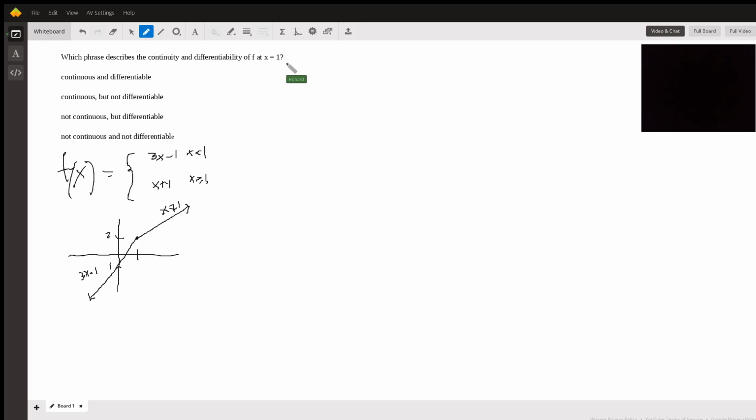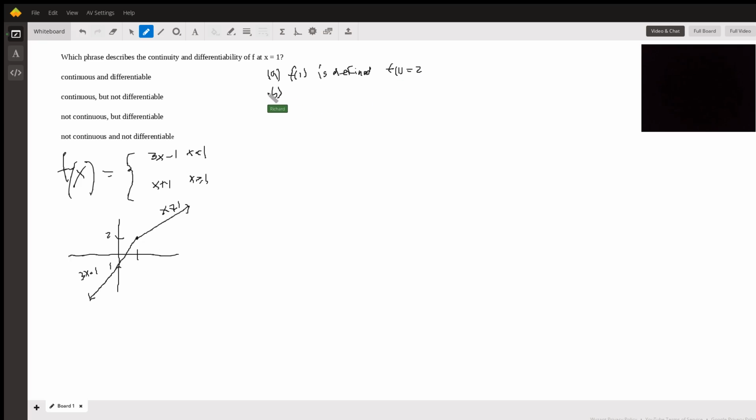What we have to do for continuity, there's 3 parts. First question is, because we're wondering if it's continuous at 1, we have to find out whether f of 1 is defined. And it is defined. You can see that f of 1 is equal to 2 here.